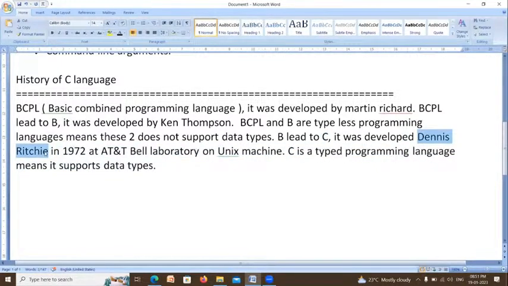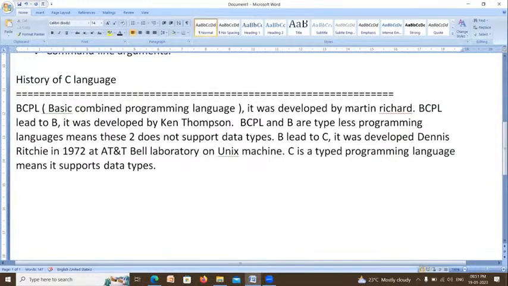He is the developer. C was developed in the year 1972 at AT&T Bell Laboratory on a Unix computer, on a Unix machine. Actually, C is a typed programming language, meaning it supports data types. Clear?